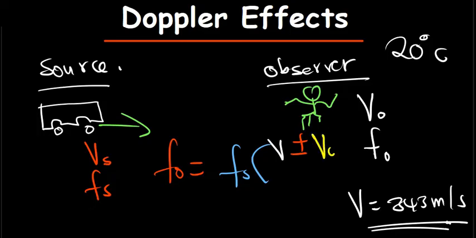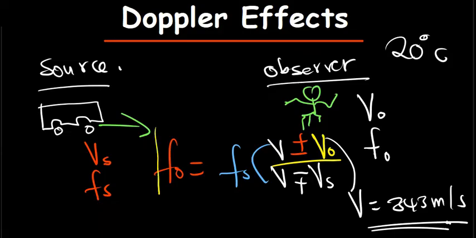Let me start with the Vo. I divide this by, again, the speed of sound, which is 343, then on top here there is plus or minus. On the denominator is the opposite. It's going to be minus or plus the velocity of the source. Like that. This is the general formula. This is the formula we're going to be using to answer all the questions.